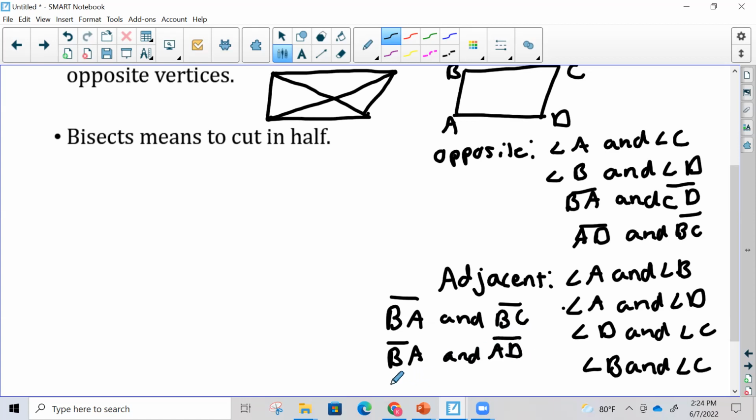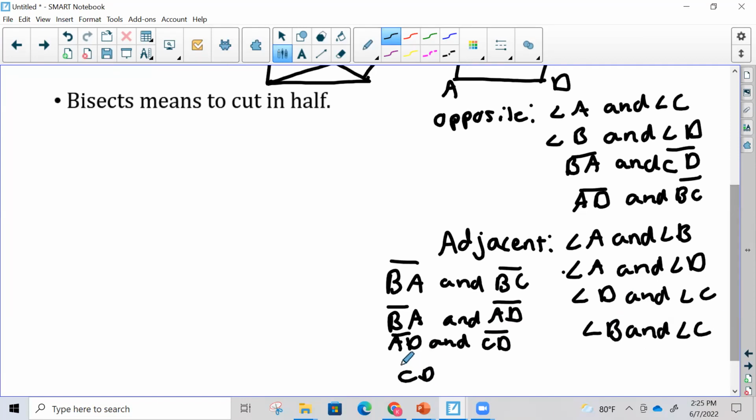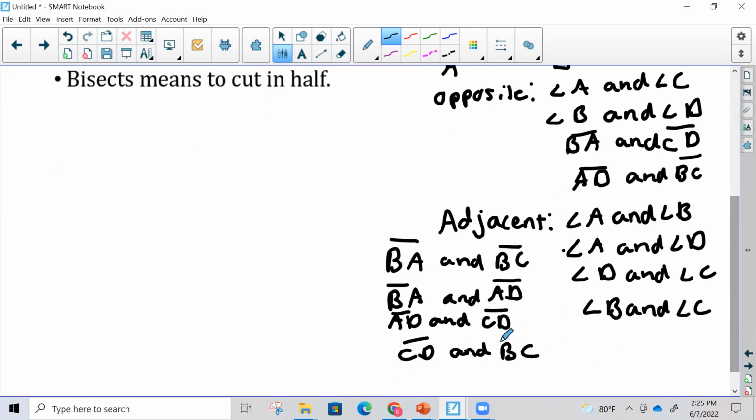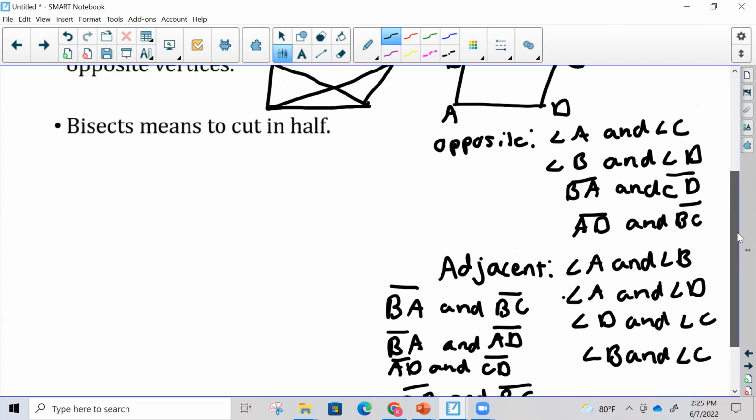And then AD is also adjacent to CD or DC. And then the last one, CD, is also adjacent to BC. Notice they all have a common point, or a common vertex, in them.